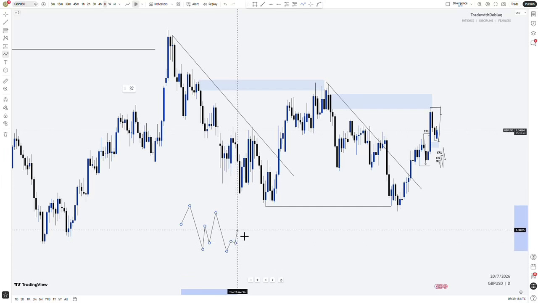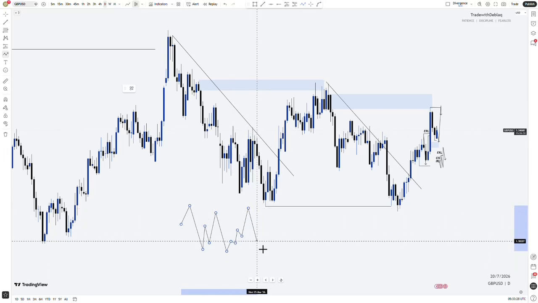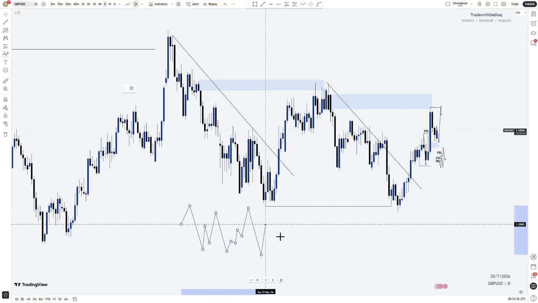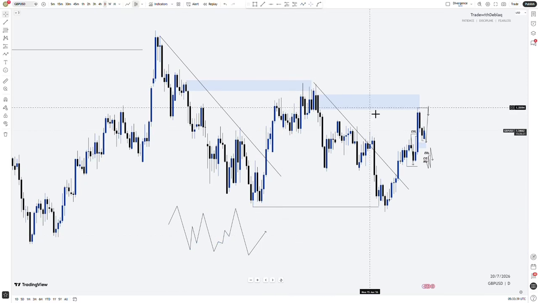When price is moving, just know that price is coming to take out this high. Maybe price will continue dropping after taking out this high, or price will continue buying up from there, right? And that is exactly what is going on here.